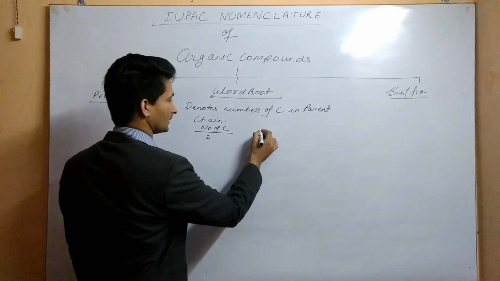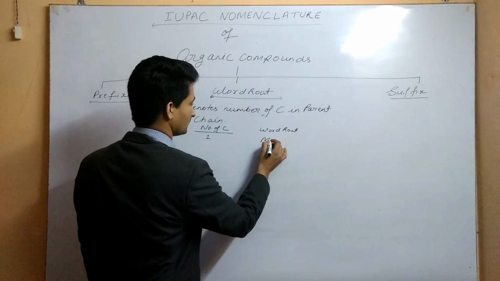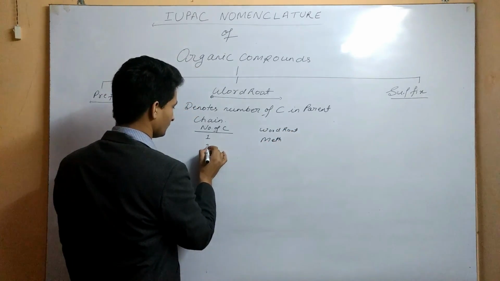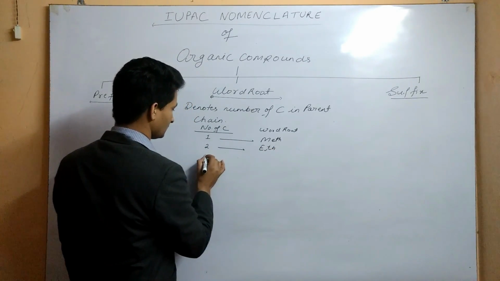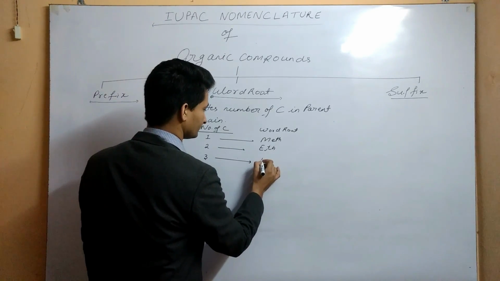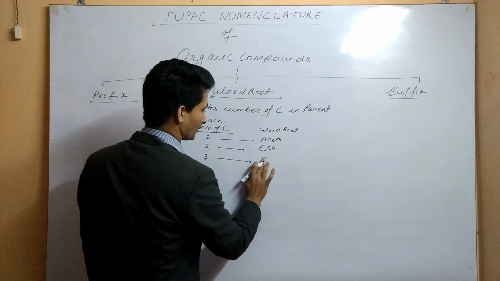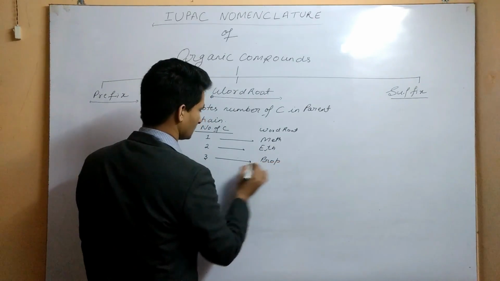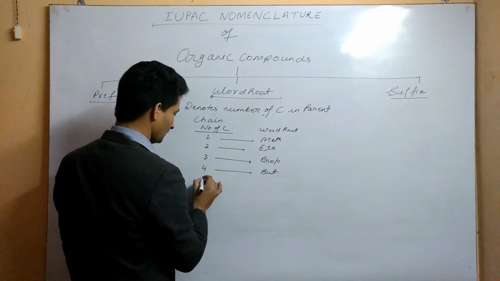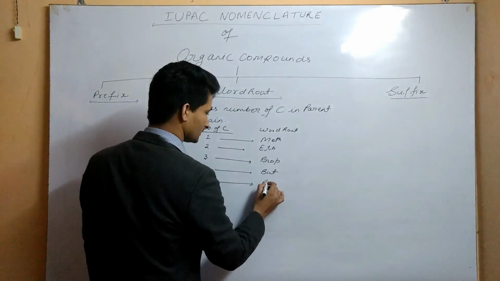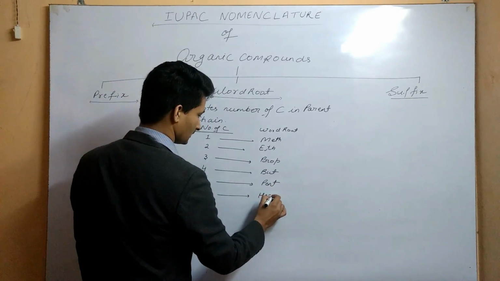Let us suppose if the number of carbon is 1, then its word root is meth. For 2, it's eth. For 3, it's prop. For 4, it's but. For 5, it's pent. For 6, hex.